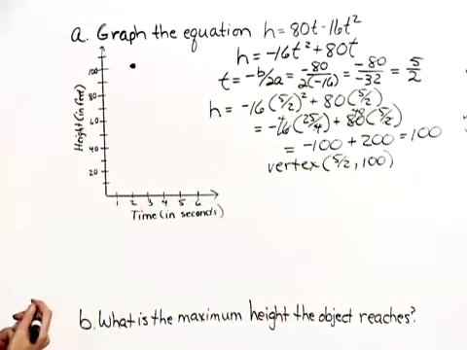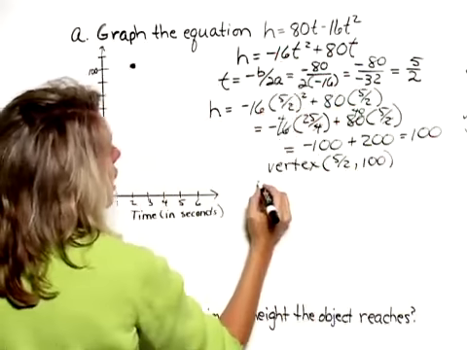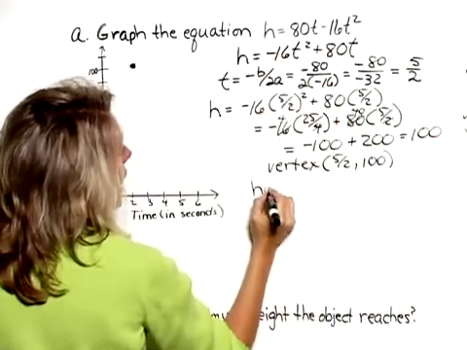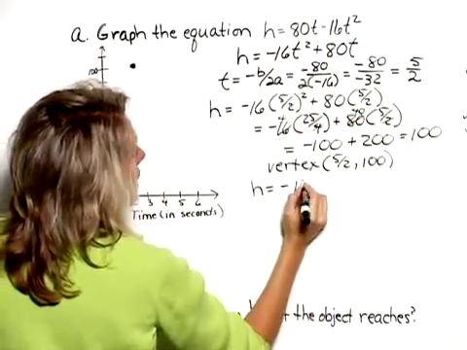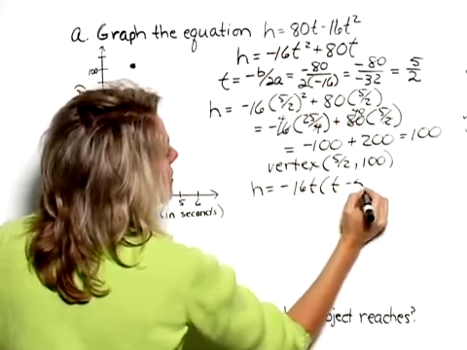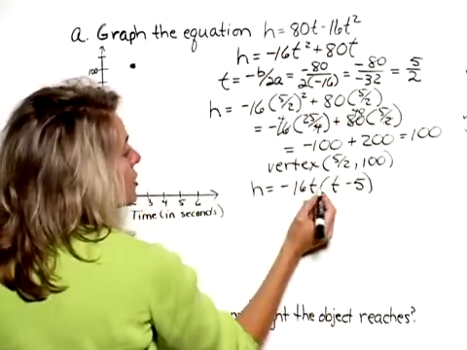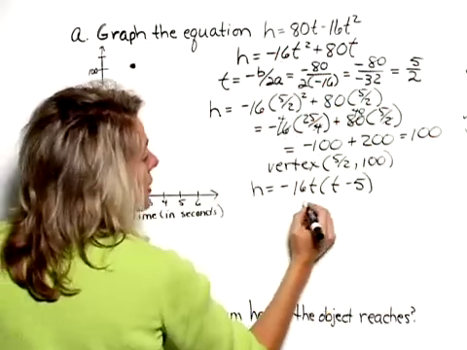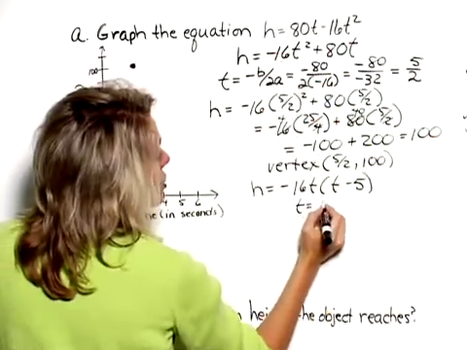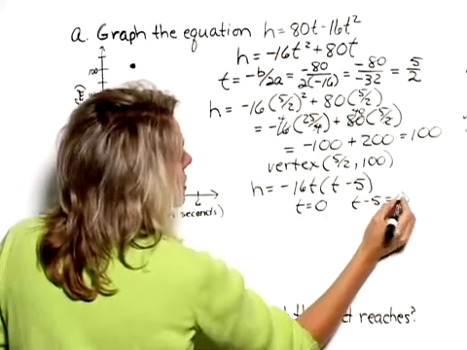Now let's find our x-intercepts, and we do that by factoring our equation. H equals, and we'll factor out a negative 16t, and we're left with t minus 5 as the other factor. Setting our factors that have a variable in them, we have t is equal to 0 and t minus 5 is equal to 0.